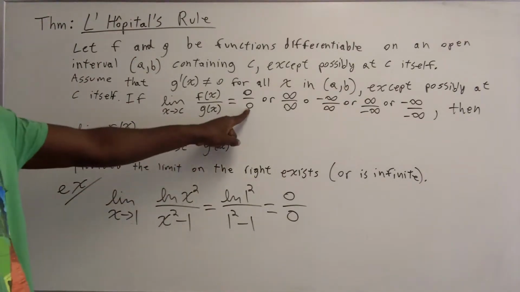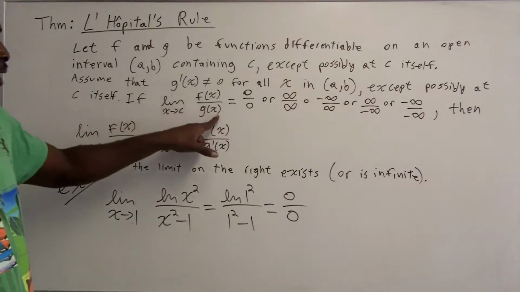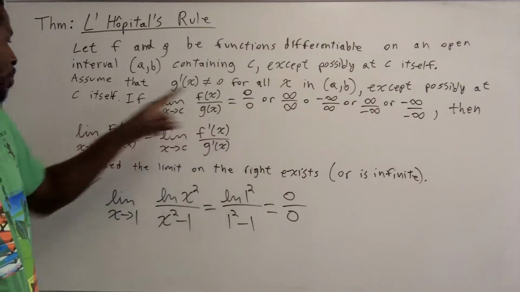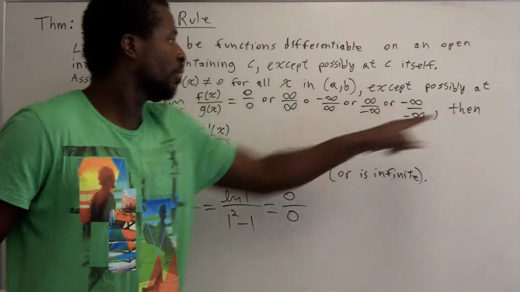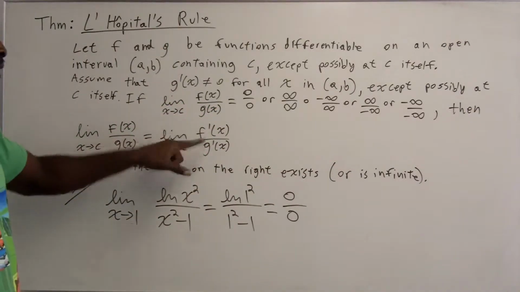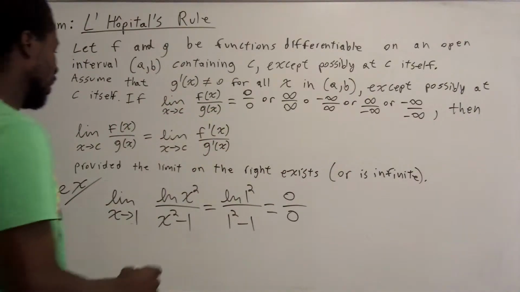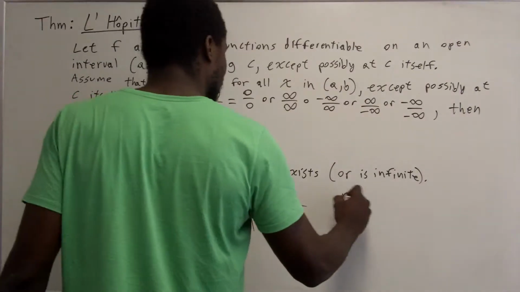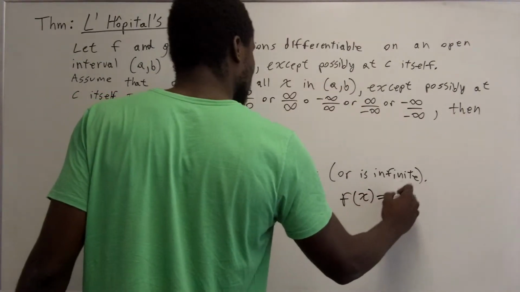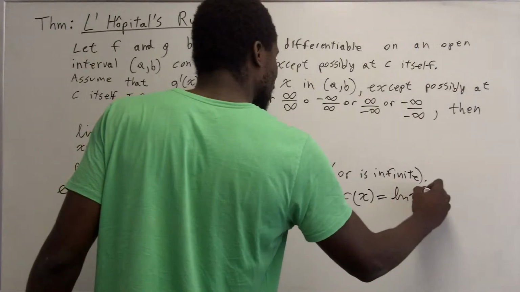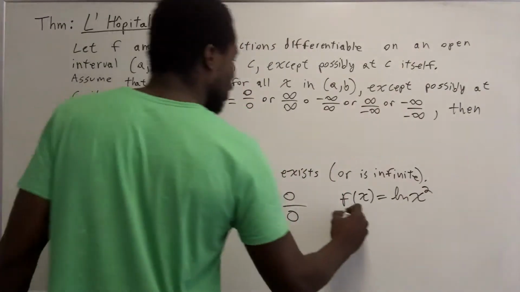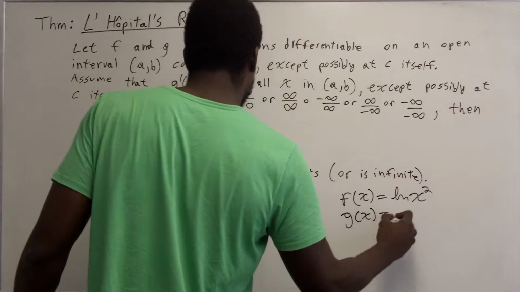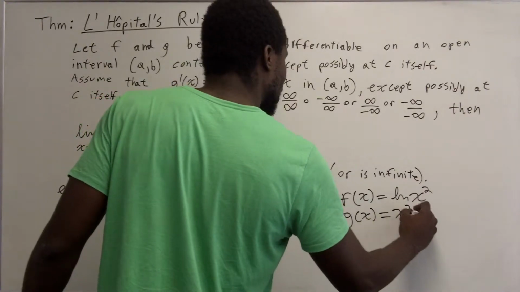Since I have this indeterminate form, it says if the limit gives you that indeterminate form, then we can use the derivatives instead. So I see that f of x is equal to the natural log of x squared, and g of x, the denominator, is equal to x squared minus 1.